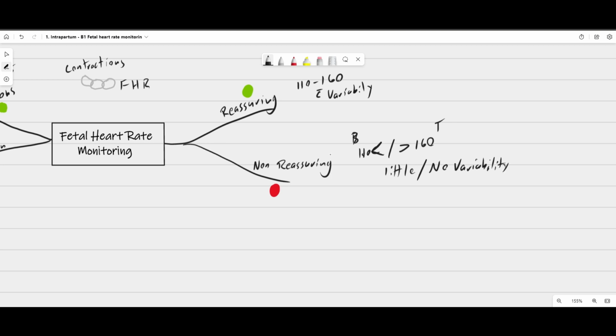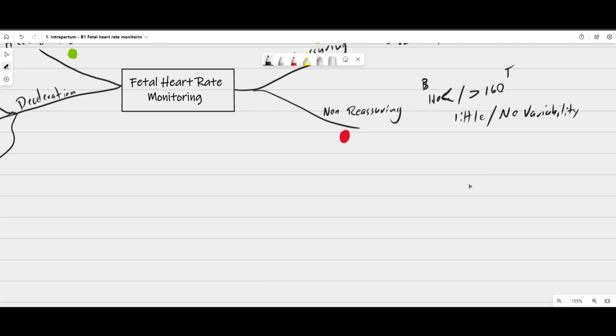So the baby's ability to speed up, slow down its heart rate is good. We want to see that. If it's not, if it's just like a stable 90, if it's a stable 170, 180, and it's not coming down, it's not going up, it's just kind of hanging out there, that usually means something's going on, and we need to do a little bit more investigation to see what that might be and intervene.